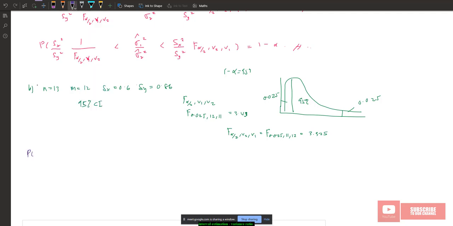So probability of 0.60 squared divided by 0.86 squared. This is 1 over 3.43. This is sigma 1 squared over sigma 2 squared. And this is 0.6 squared over 0.86 squared. Multiply with 3.325.